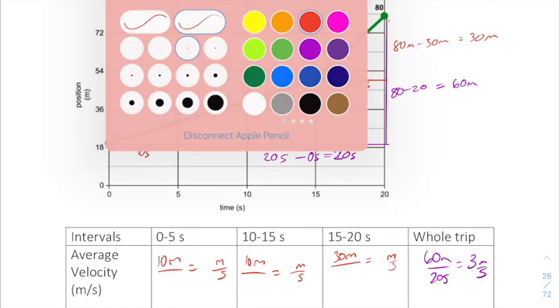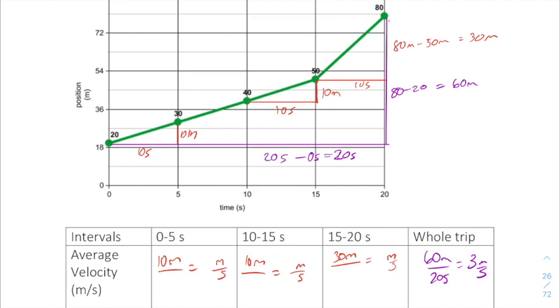Okay, so let's put that in. So this is 5 seconds, right? Is that what I said? Yeah, of course, 5 seconds. I don't know where I got 10. And so that means that this is 2 meters per second, and this one is another 2 meters per second.